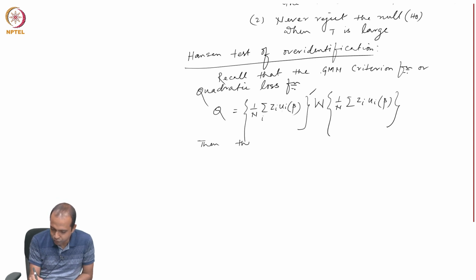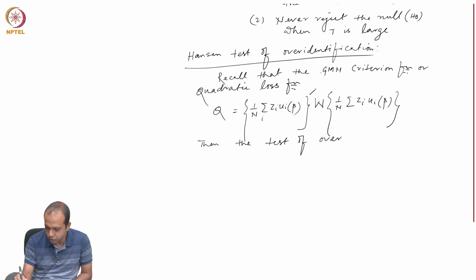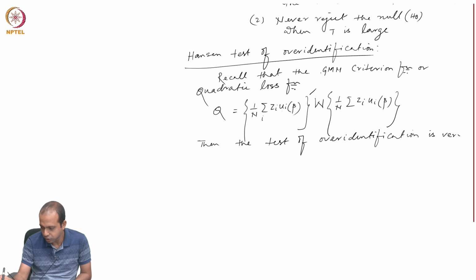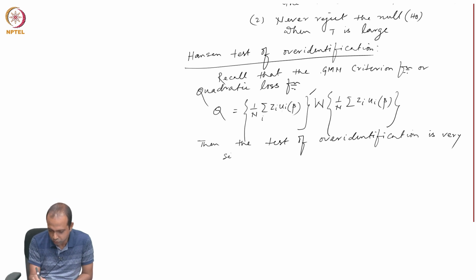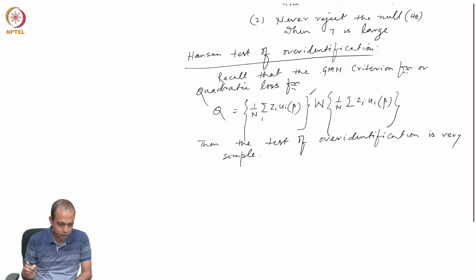Okay. Then the test of over identification is very simple. And how do you do this?